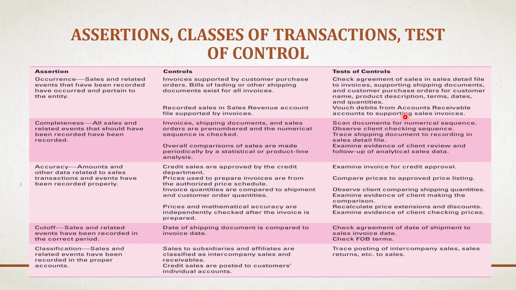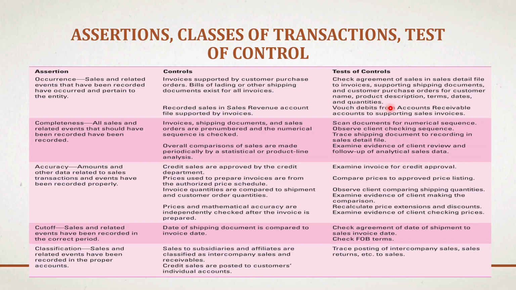So from the matching documents that we have just now, based on the invoice, we trace to the ledger, we trace to the sub-ledger. Has it been recorded in the sales account and also respectively accounts receivable? So that is an example of one control, and also what are the tests of control that we do.